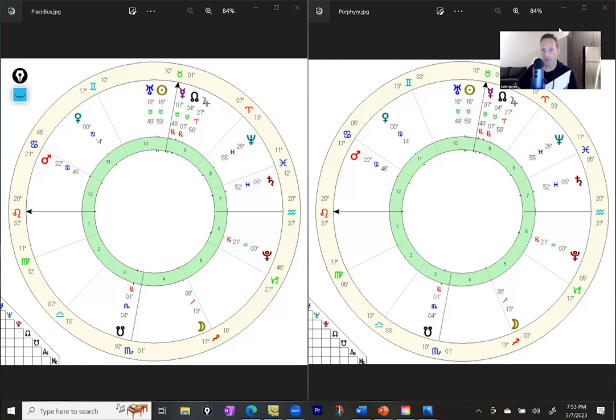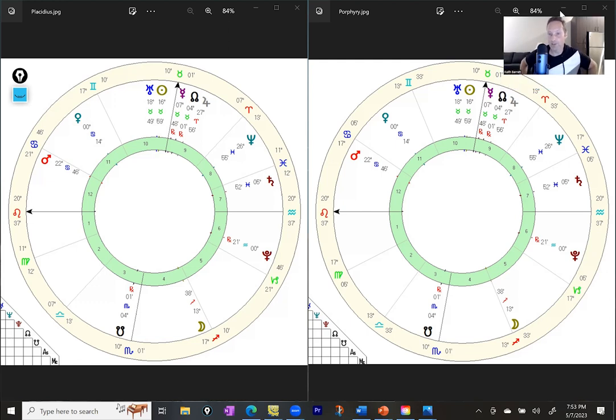On the right-hand side of the screen is Porphyry, which is the one that I use, the space-based house system. Again, if you look to the left on that image on the right, you see Leo at the same degree, 20 degrees, 37 minutes. But in this one, it's space-based.